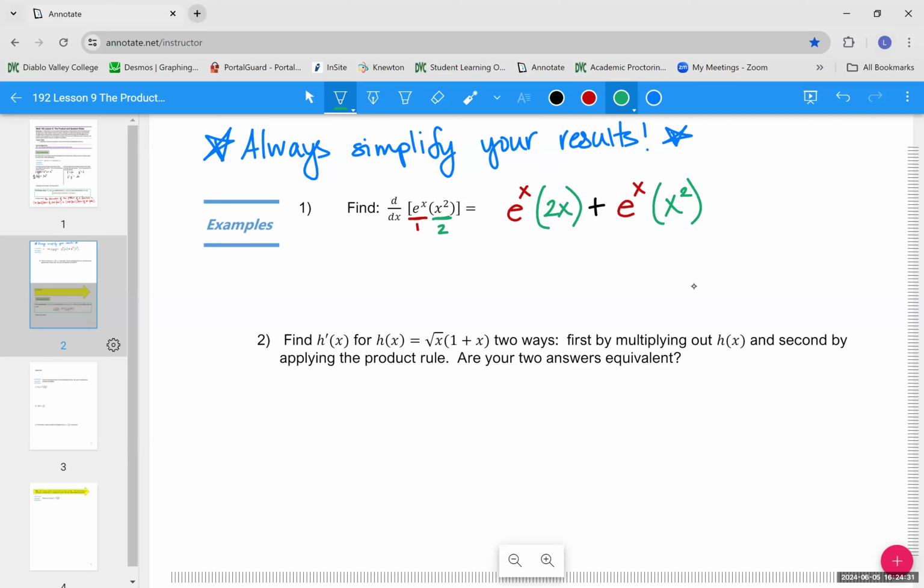So it's just a straightforward application of that product rule. There's really nothing to combine here, but we usually write e to the x times 2x as 2x e to the x and x squared e to the x. I suppose you could factor out an e to the x, but it doesn't really get you very far. Okay.